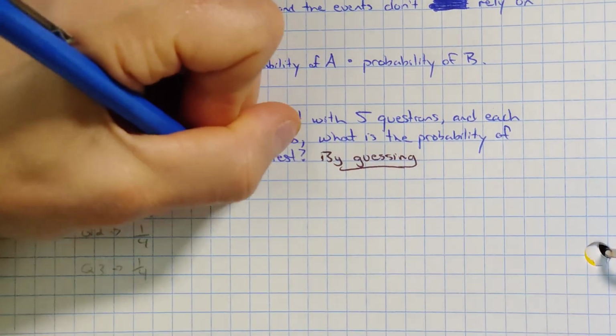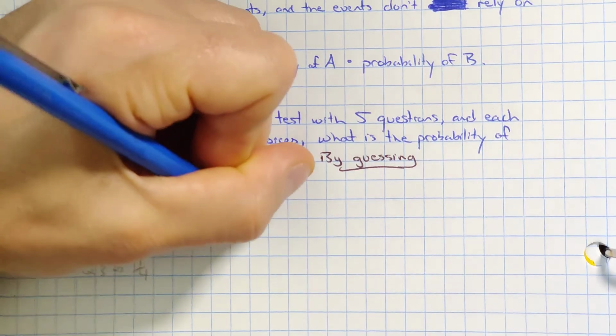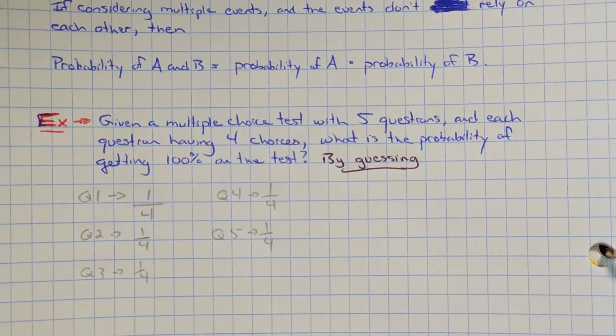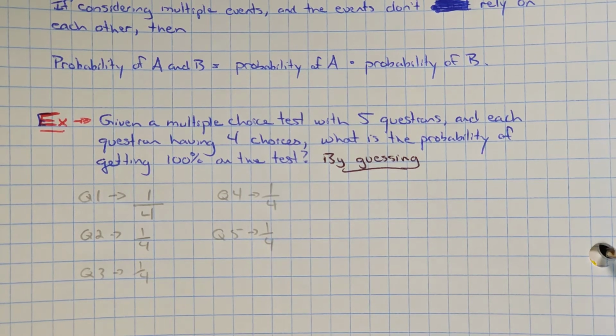Question 4, 1 out of 4 chances, and question 5 has 1 out of 4 chances. So each individual question has a 1 in 4 chance of being right. And some might think, well, hey, then I've got a 25% chance of being right, a 1 in 4 chance of guessing. However, you'd be wrong because you have to guess each one, and again, the probability is multiplied together.